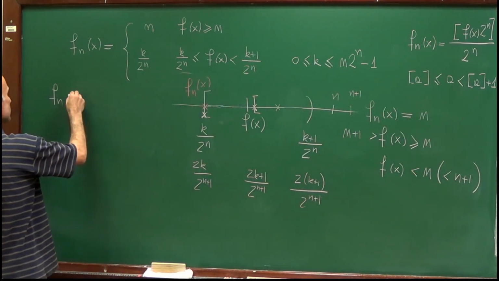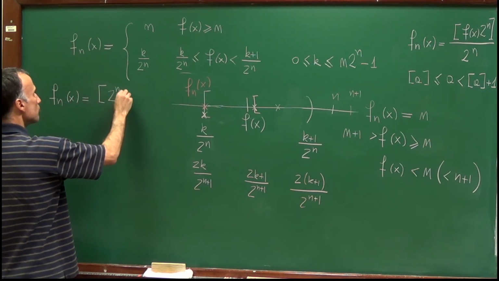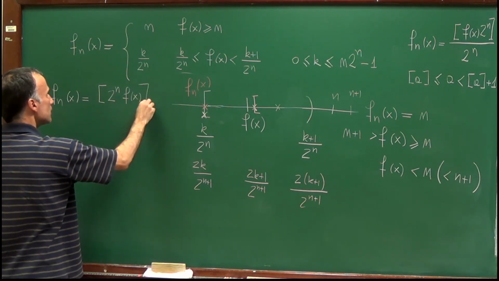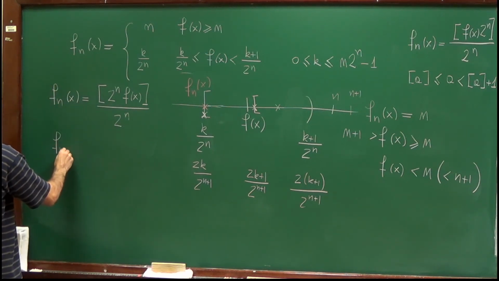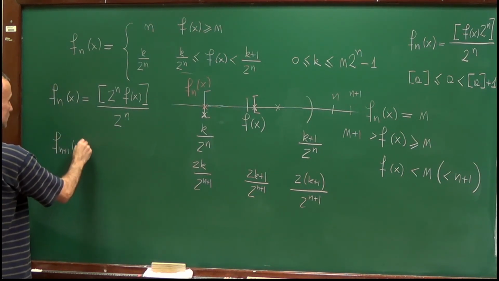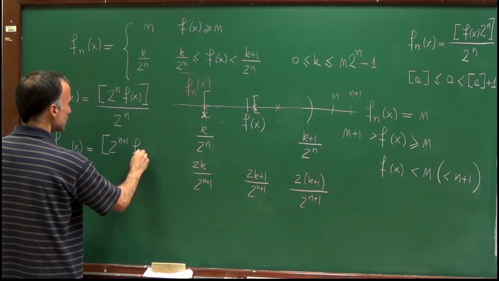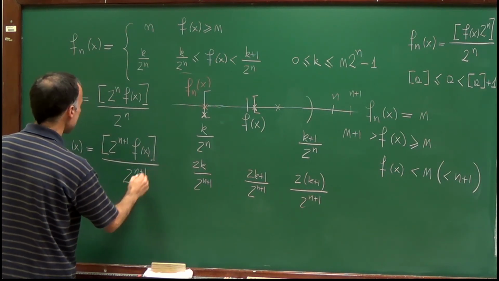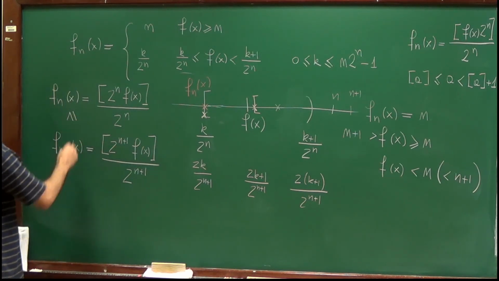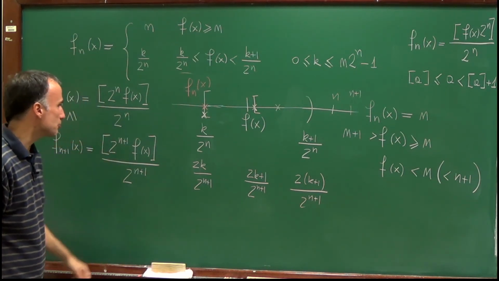So fn of x is equal to the integer value of 2 to the power n f of x divided by 2 to the power n, and fn plus 1 of x is equal to the integer value of 2 to the power n plus 1 times f of x divided by 2 to the power n plus 1. And we have to show that fn of x is less than or equal to fn plus 1 of x, which means that this expression is less than or equal to that expression.